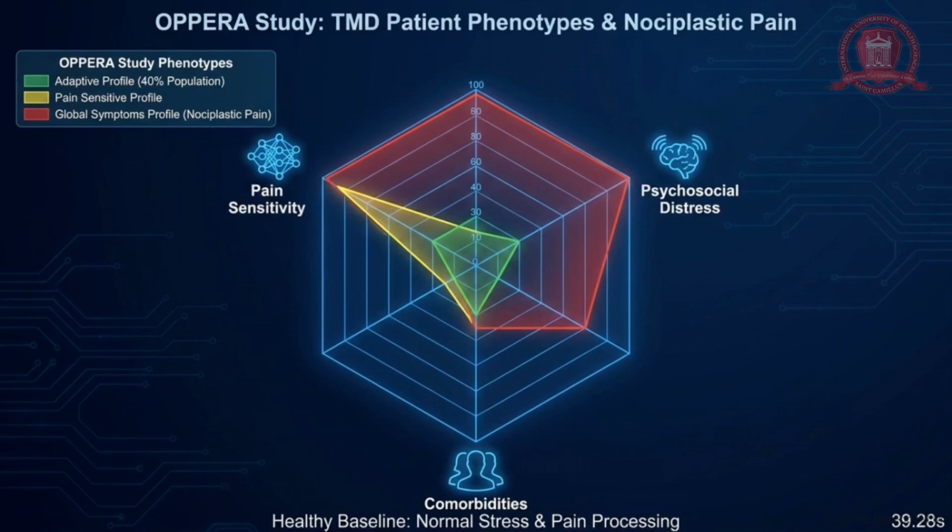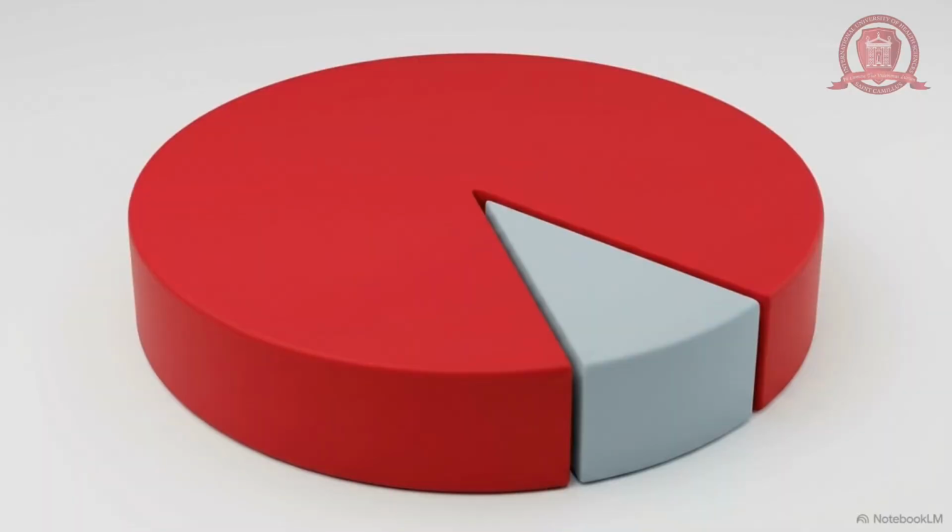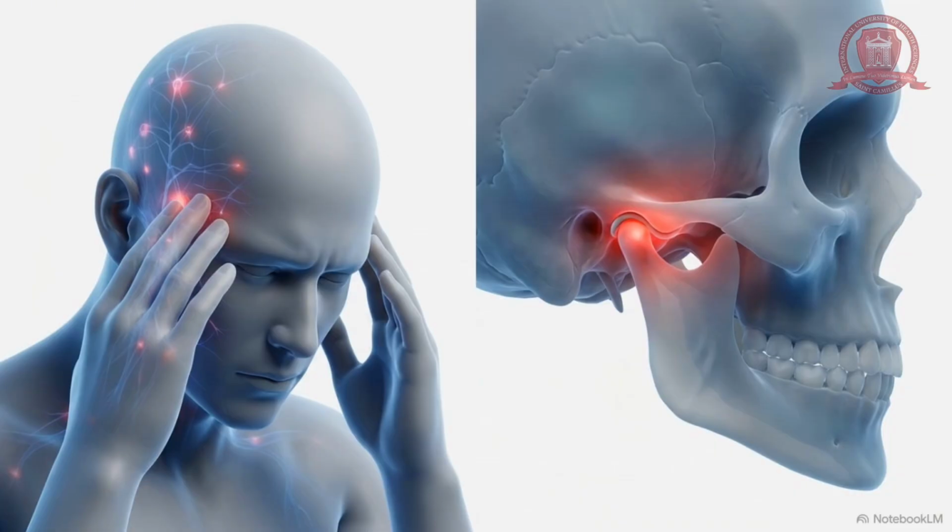The global symptoms profile fills the board, maxing out comorbidities, pain sensitivity, and severe psychological distress simultaneously. 90% of patients with chronic temporomandibular disorders fall entirely into either the pain-sensitive or global symptoms profiles. In these refractory cases, cumulative biopsychosocial stressors drive a systemic failure of pain processing that manifests as localized joint dysfunction.